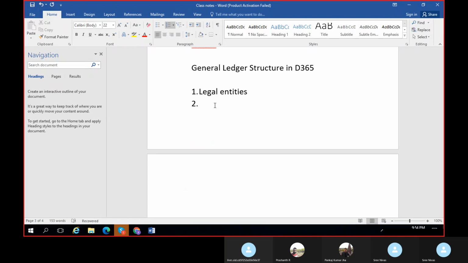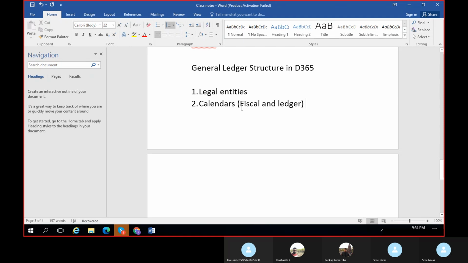So the first thing is we need to create the legal entities that we have already discussed, and then in order to record any transactions, the first thing we have to do is create the calendars, under which again we'll have two things, fiscal and ledger.